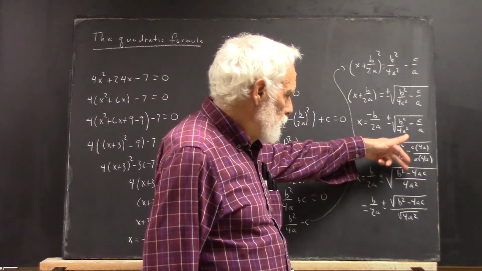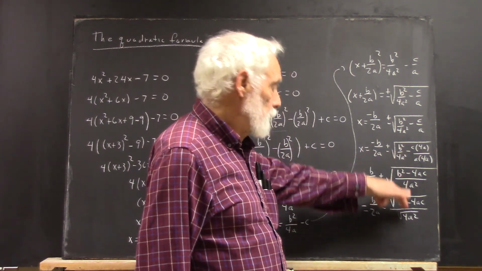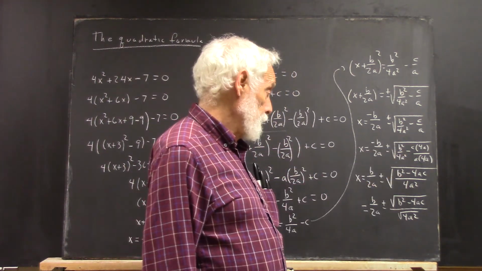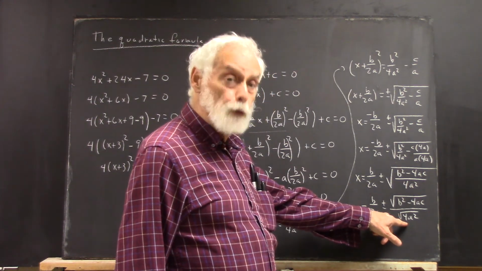And then the square root of the numerator over the denominator is the square root of the numerator divided by the square root of the denominator. The square root of 4a squared is 2a.